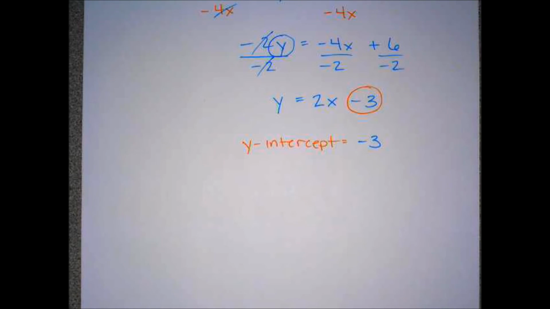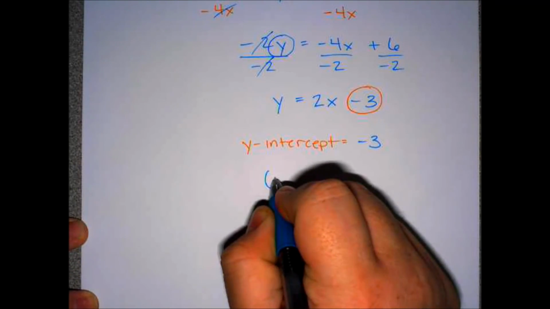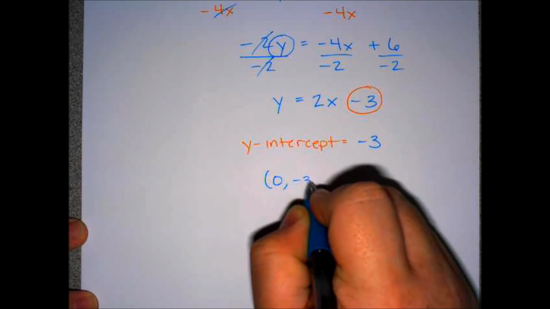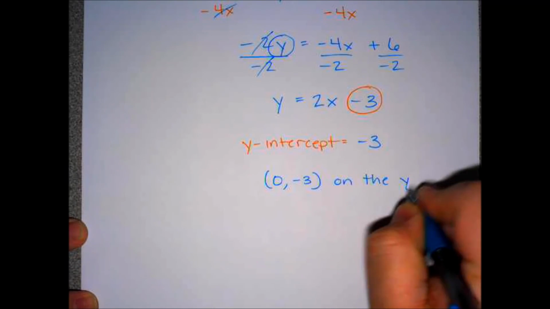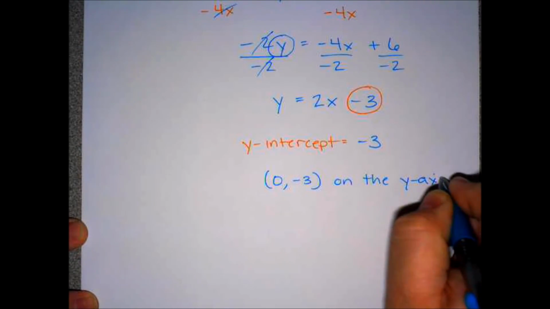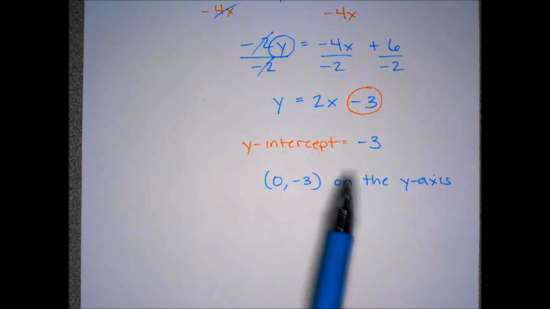Then we have to think about that. All right, -3. What does that mean to us? It has to be some point on the graph that we're graphing. In fact, it's 0, -3 on the y-axis. The y-intercept is only on the y-axis.